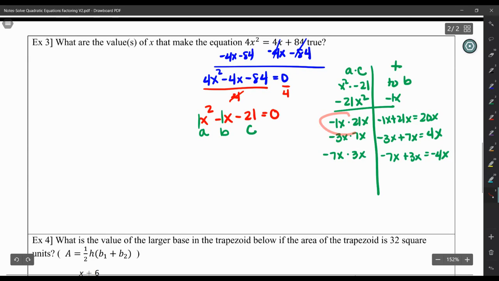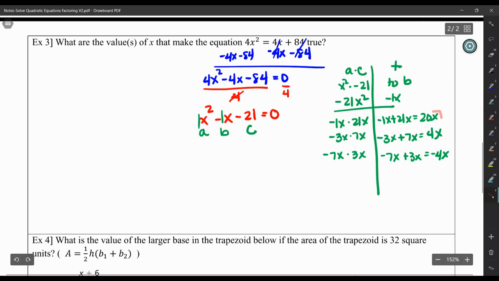You get negative 1 and 21, which does not add up to what I need, negative 3x and 7x, which does not add to what I need, and then we start repeating our factors, 7 and 3. So the only factors we really have are these two, and neither of those add up to the value of b that is required.